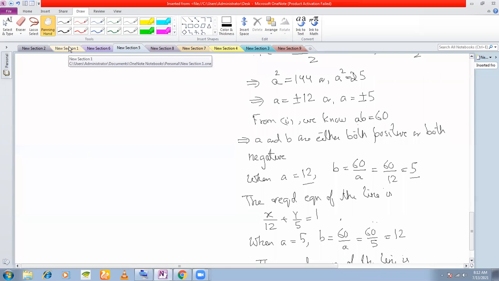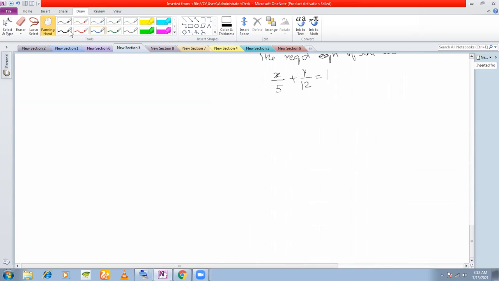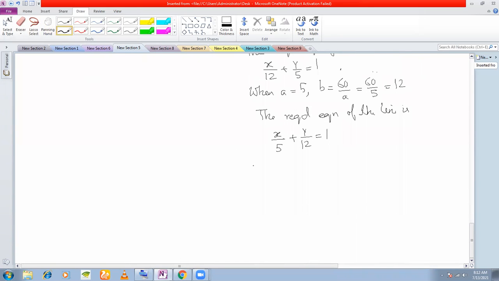We consider A is equal to minus 12 in the next case. When A is equal to minus 12, what is B? B is equal to 60 by minus 12, which is equal to minus 5.